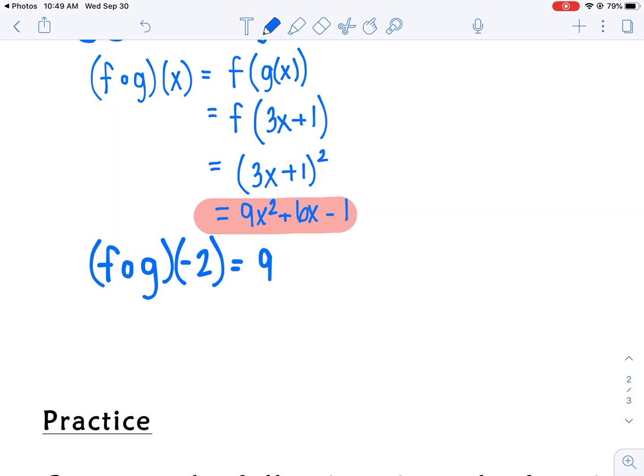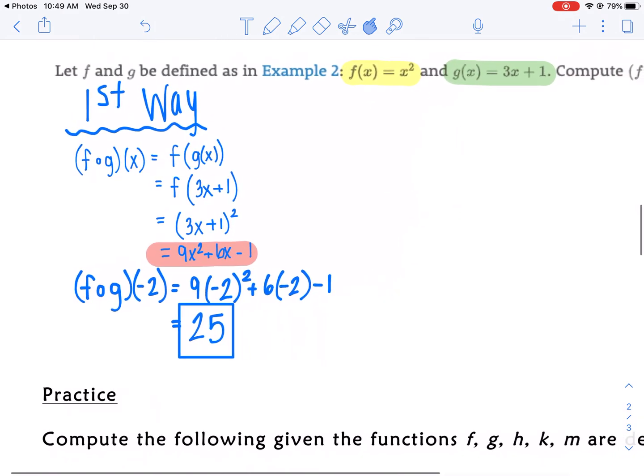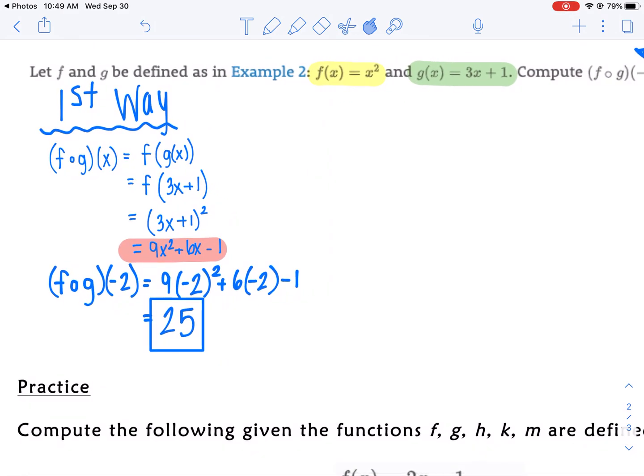So it's 9 times -2 squared plus 6 times -2 plus 1, because this is my new input. When you simplify, you should get 36 minus 12 plus 1, 25. And that is the first way to think of it. Do f of g of x, then do your input at the end.